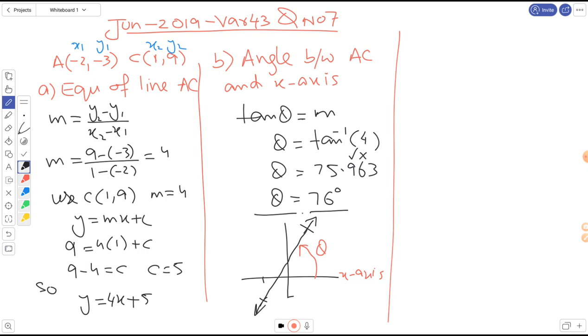Next, the part c. ABC is a kite, where AC is the longer diagonal. He mentioned ABCD is a kite.